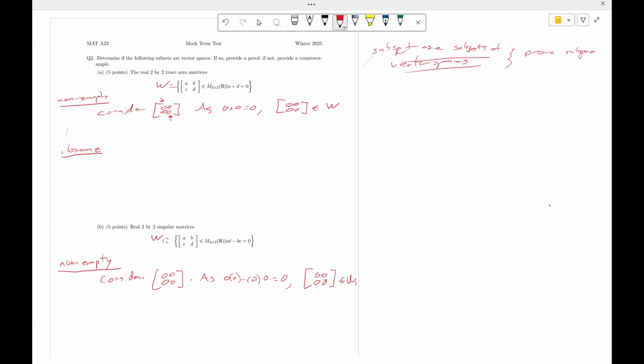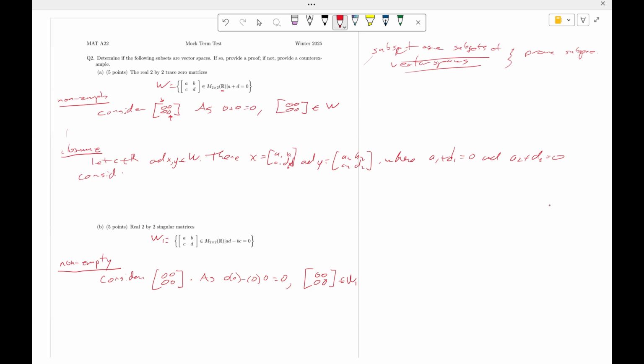In our first example, let C be in the real numbers, and we're using the reals because the matrices are defined over the reals, telling us what our field is. Let X and Y be in W. Let's redefine what X and Y are. X equals A1, B1, C1, D1, and Y equals A2, B2, C2, D2, where A1 plus D1 equals 0 and A2 plus D2 equals 0.